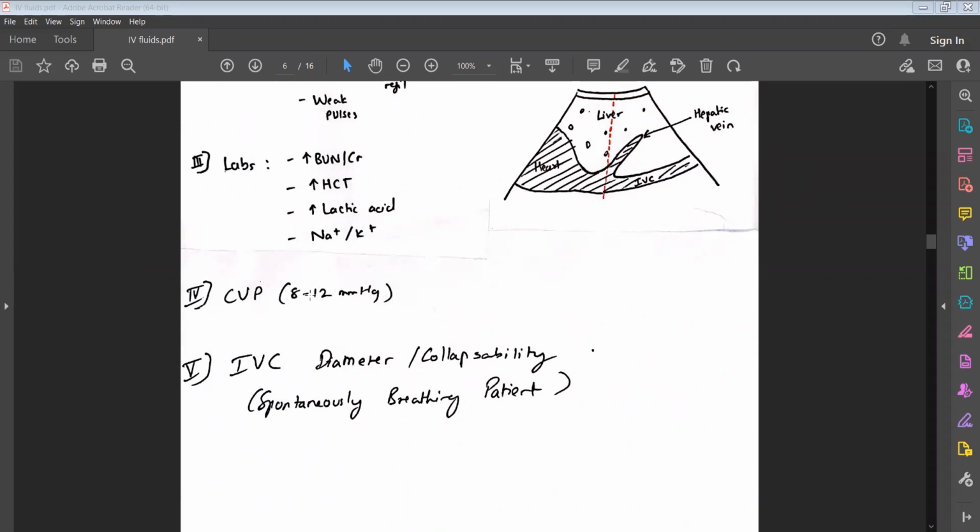What I'm trying to say is, let's say there is an elderly individual, an 85-year-old man who has a non-compliant stiff ventricle. He might have a little bit higher CVP at baseline, and they still might be very well responsive to fluids. On the other hand, a 25-year-old male, if they come in with a CVP of 16, will not be fluid responsive if they have a normal ventricle.